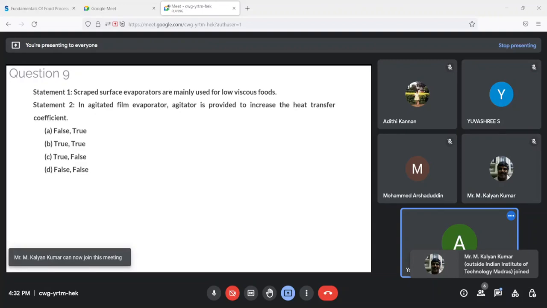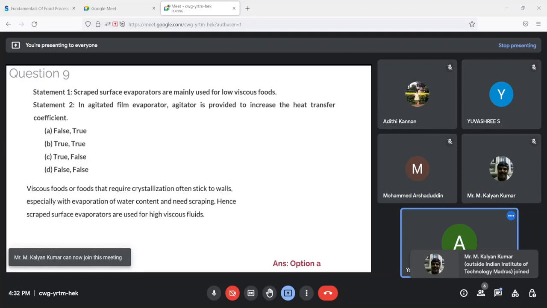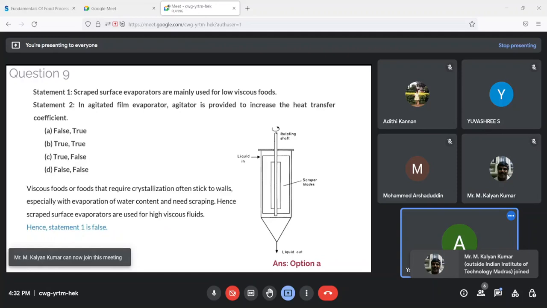Okay, statement 2 is true. What about statement 1? Okay, the correct answer to this question is actually option A.